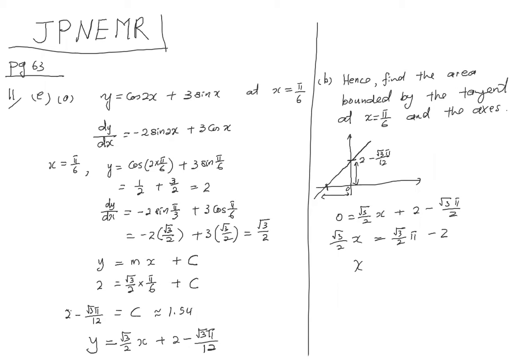So your x will be pi minus 4/√3, right? Pi minus 4 divided by root 3. Positive.